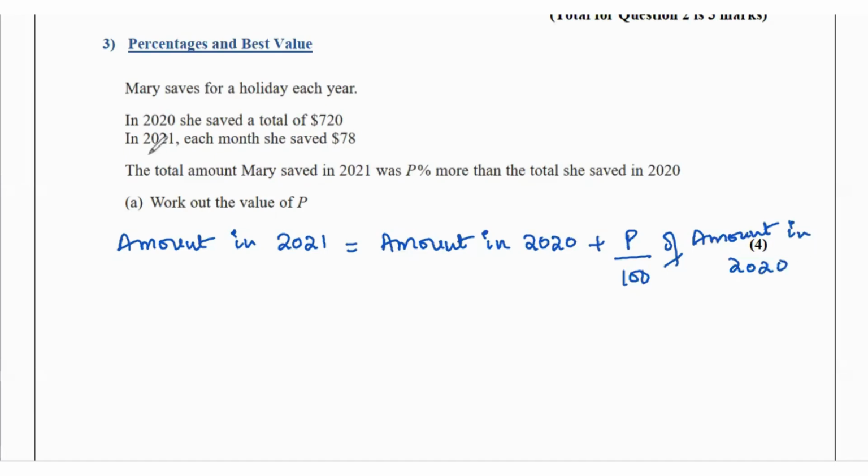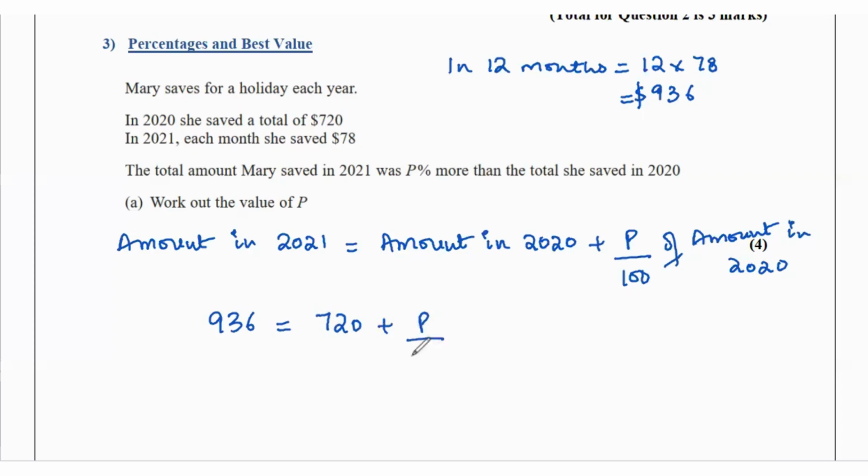So looking at the question, in 2021, each month she saved 78. So if each month has $78 saved, in 12 months we do 12 times 78, which equals $936. So $936 is equal to 720 plus P over 100 times 720 again.